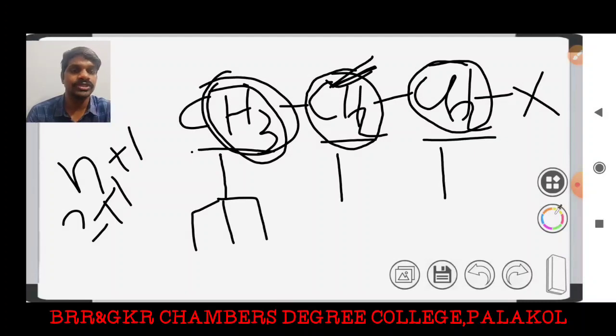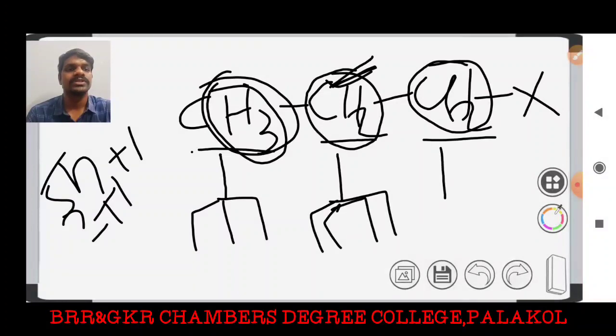That means the CH2 has 5 neighboring protons. According to the n plus 1 rule, 5 plus 1, it exists as a sextet. That means it exhibits 6 signals in the proton NMR spectrum. And finally the CH2 group next to X has 2 neighboring protons, so it also exhibits a triplet.